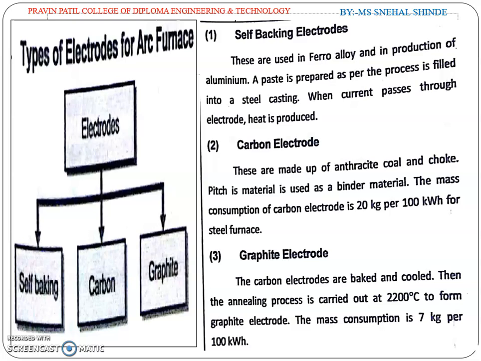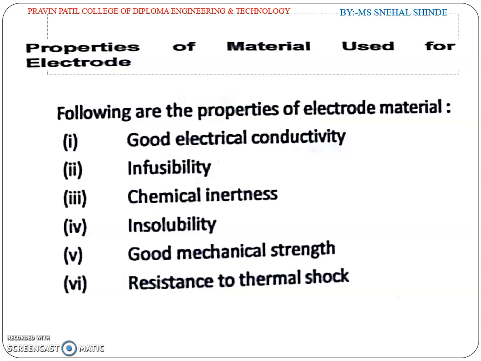Then graphite electrode: the carbon electrodes are baked and cooled. The annealing process is carried out at 2200 degrees Celsius to form the graphite electrode. The mass consumption is 7 kg per 100 kilowatt hour.